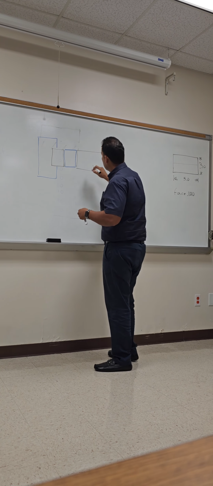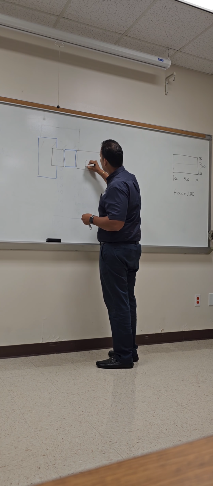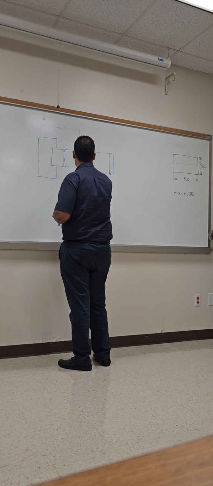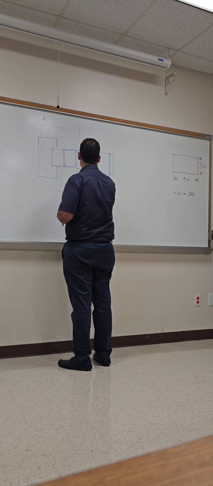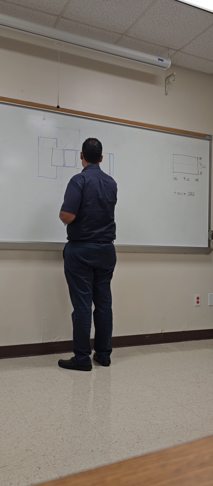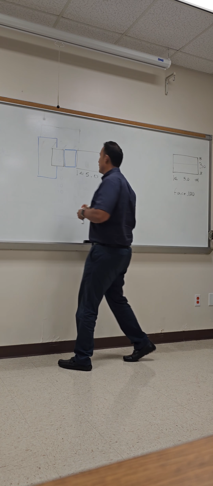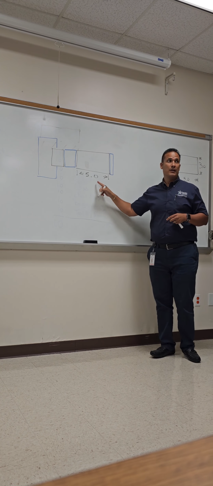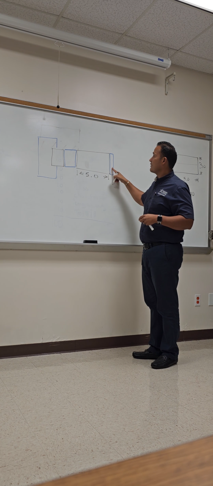So let's put it, okay. 5.0. Is that correct? This is 5, this is 5. This is 0.100 that you're going to face off.